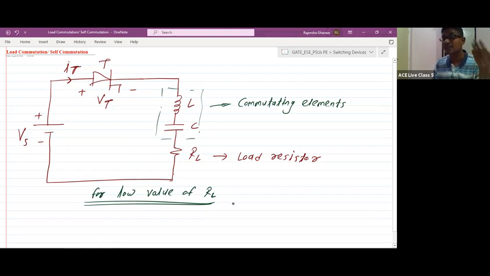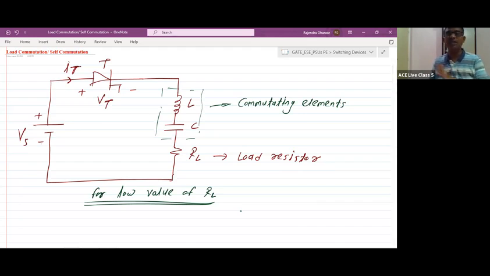These are the additional elements we have connected in order to turn off the thyristor, right? Whereas in natural commutation, additional elements were not connected. Only we had three elements: source, thyristor, and the load. But here the two additional elements were connected. So, commutating elements.